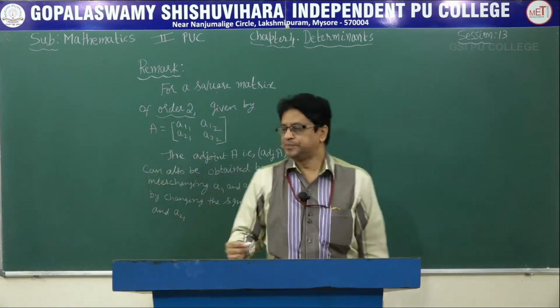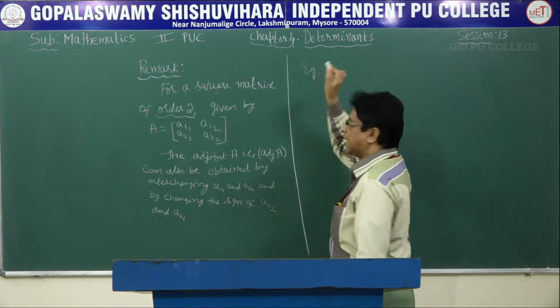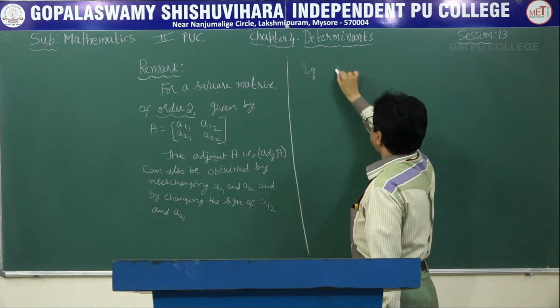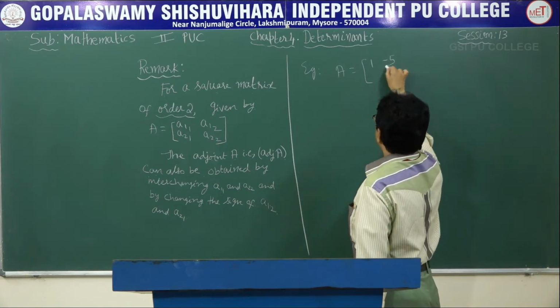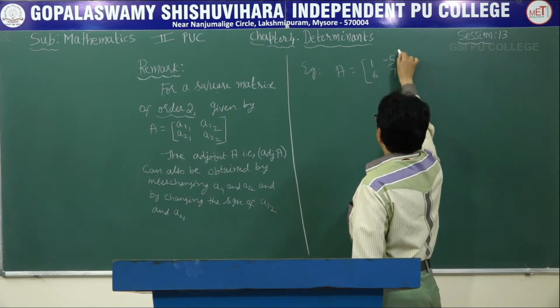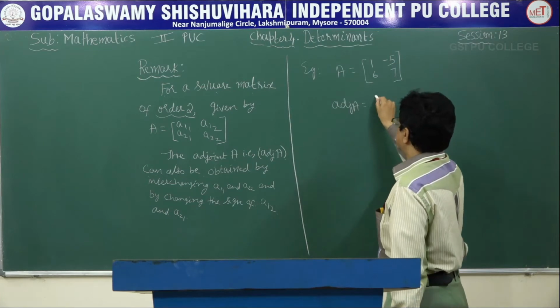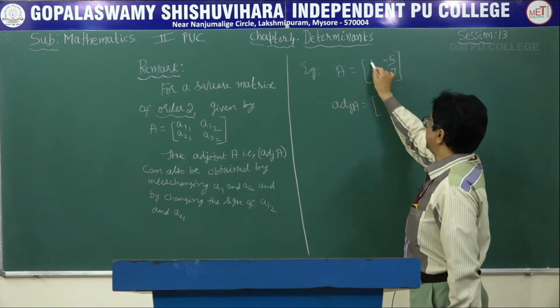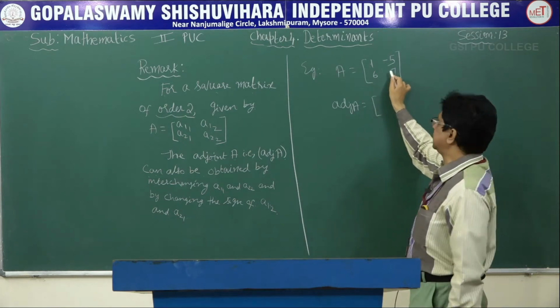For example, A equals 1, -5, 6, 7. So the adjoint of this matrix A can be obtained by interchanging the principal diagonal elements.